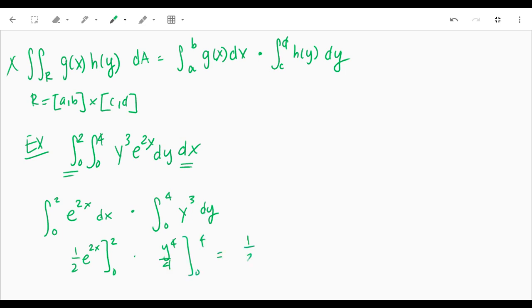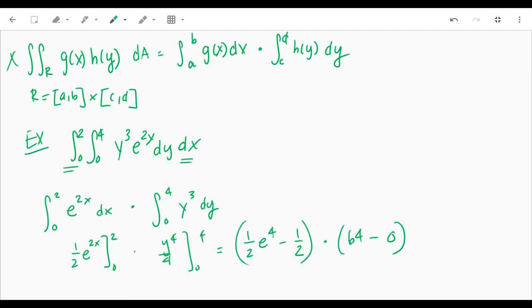So we get 1/2 e to the 4th minus 1/2. And then we're going to multiply it by, let's see, 64, right? 4 to the 4th power over 4 is 4 to the 3rd power, which is 64, minus 0.